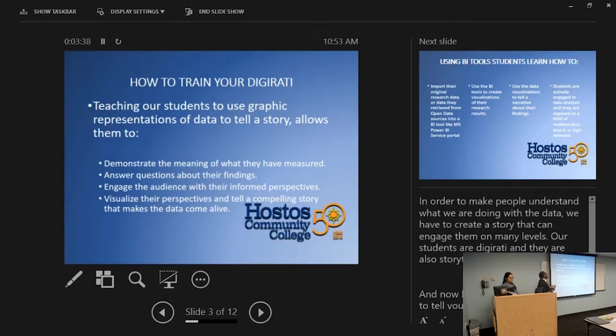So one of the things we needed to do is to teach our students how to use the tools to graphically represent the data. Why is it important to graphically represent the data? Well, what they found through studies is that people, especially in this new economy and these times, are very visually oriented.